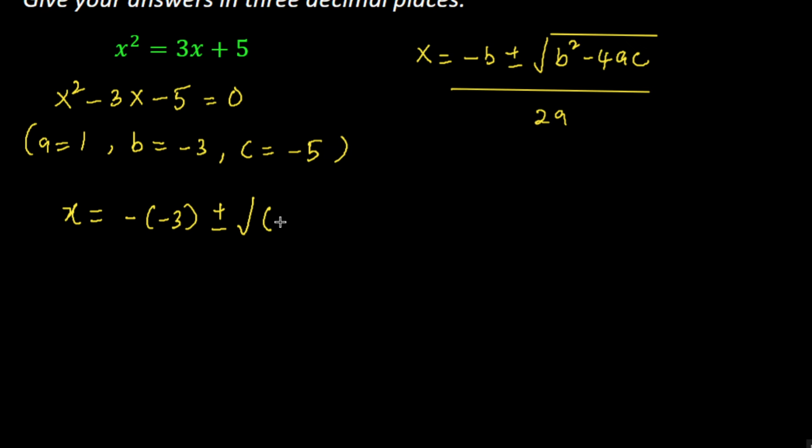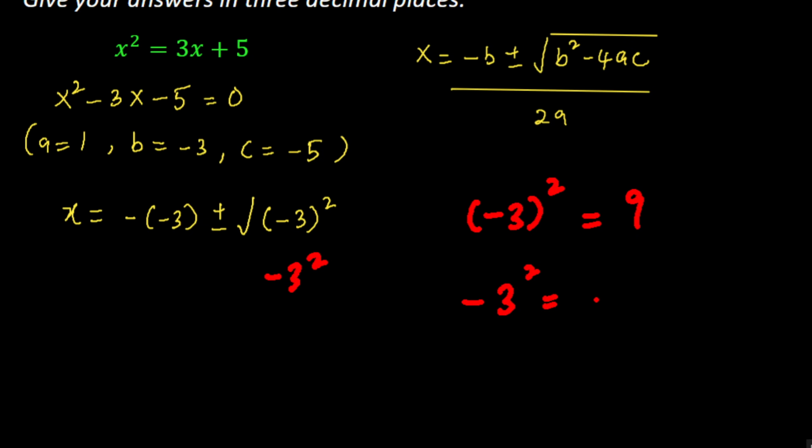So I advise you to write it in a bracket: negative 3, squared. If you write negative 3 squared without the bracket, it actually equals negative 9, because you square it first and then apply the negative. So be careful and just put it in a bracket.